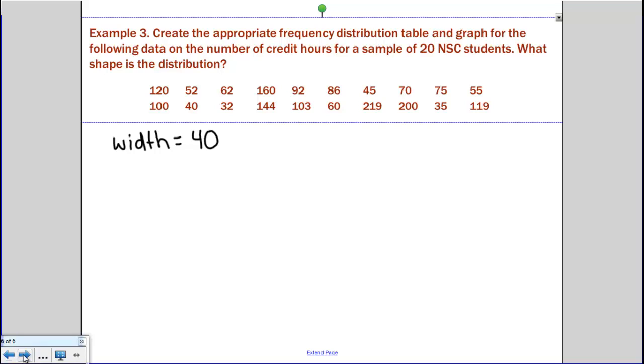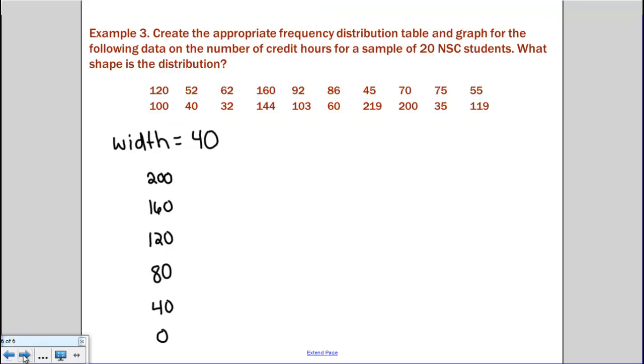So I'm going to start from the bottom and work my way up. So we've got 0, counting by 40, the low end. Remember, the low end of each width or each group needs to be a multiple of the width of the categories or the groups. So 0, 40, 80, 120, 160, and then 160 plus 40 is 200.